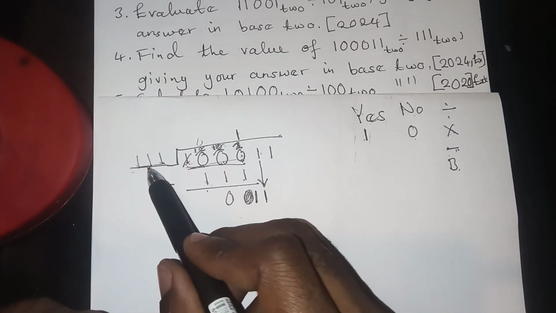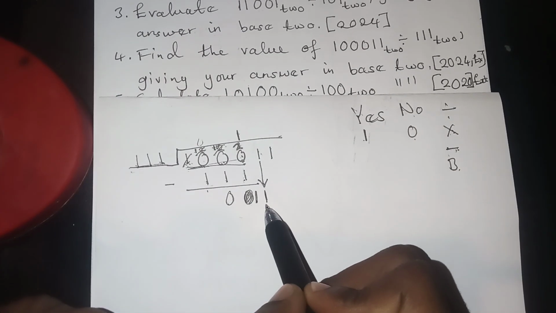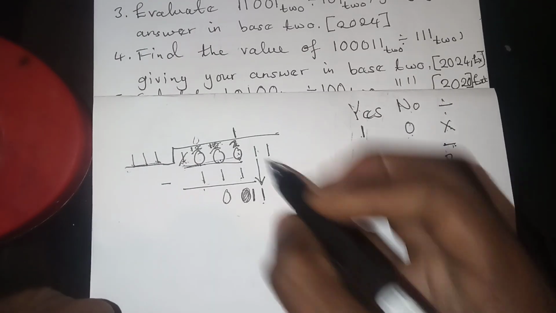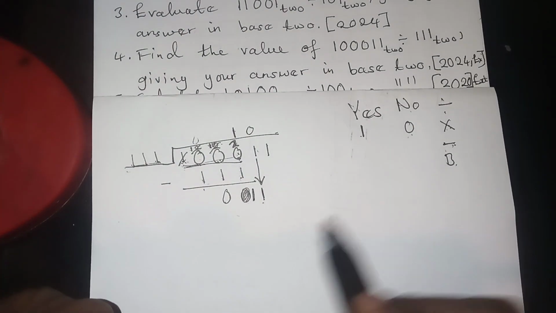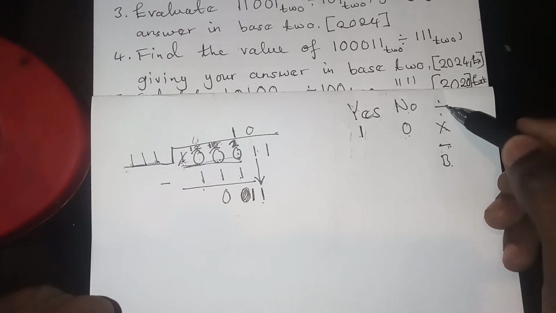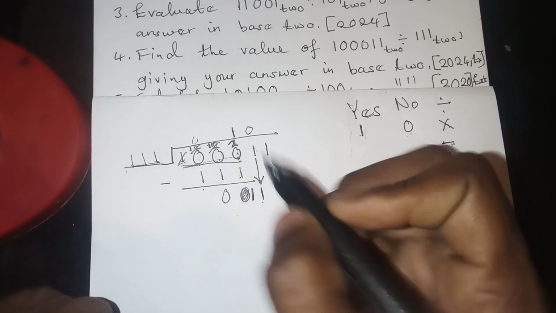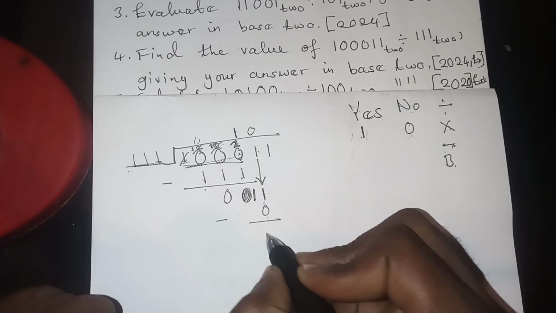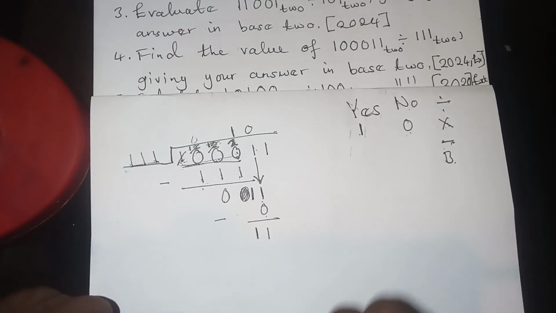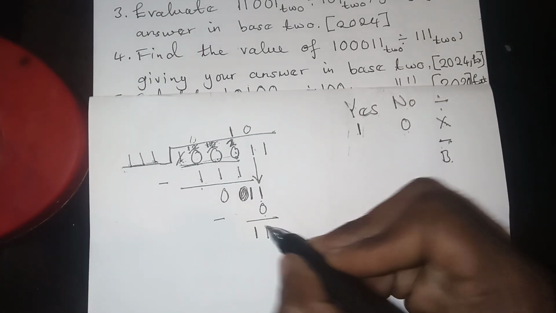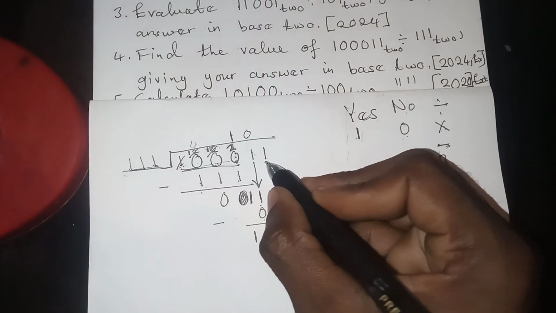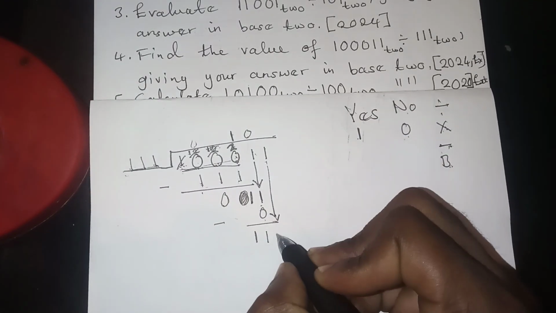So now 111 into 11, this is not possible, so you write a 0. And then after division, you multiply. So you can say 0 multiplied by 111, that's a 0. You subtract, you have a 1 and a 1. And then after subtraction, you bring the next digit down like this.